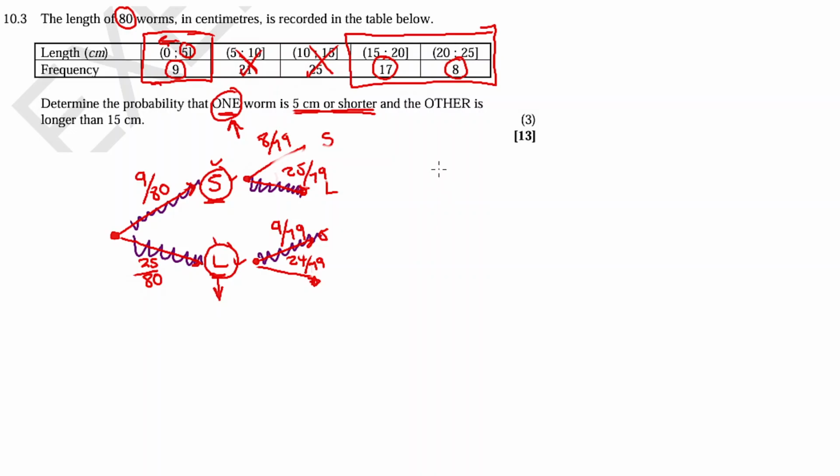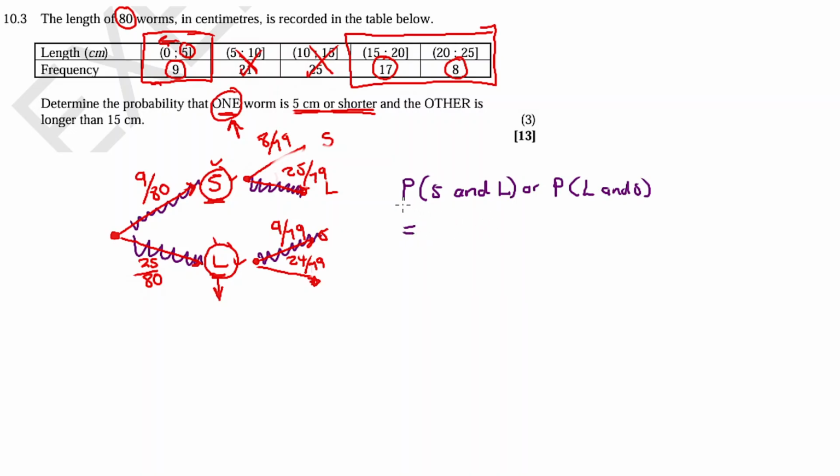You choose one short and one long, or you choose one long then another one short. So it's going to be the probability of short and long, or the probability of long and another one short.